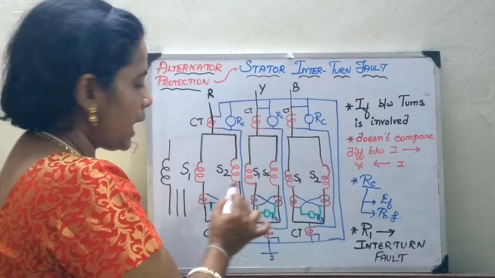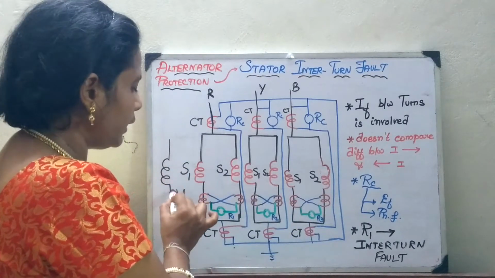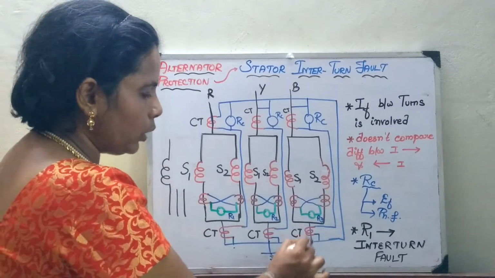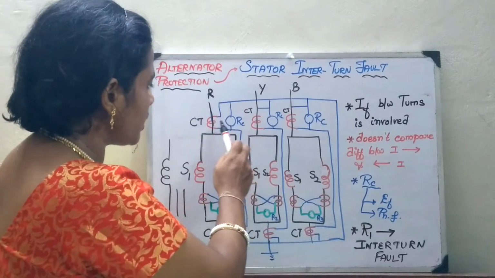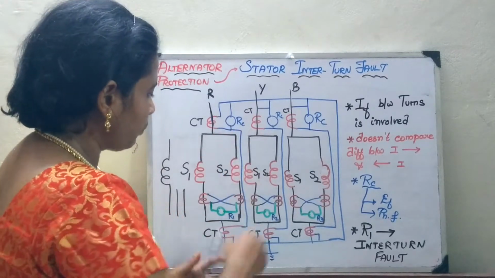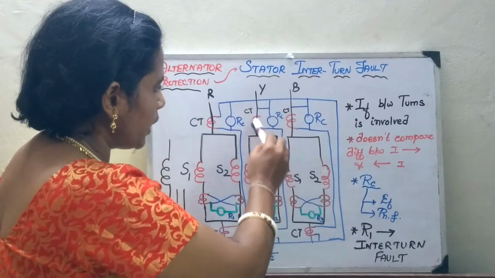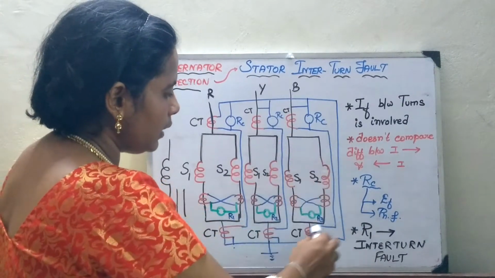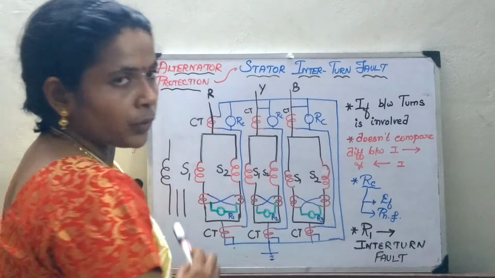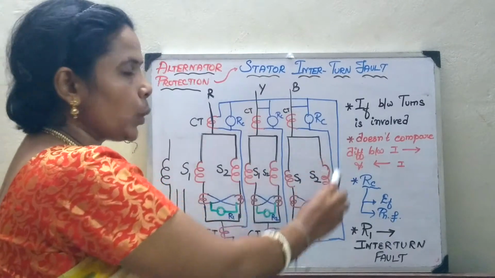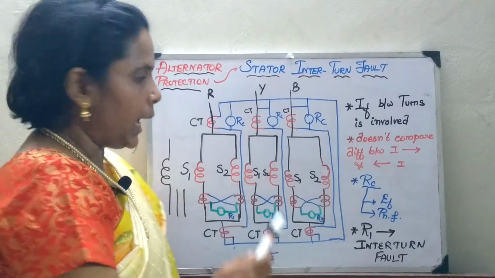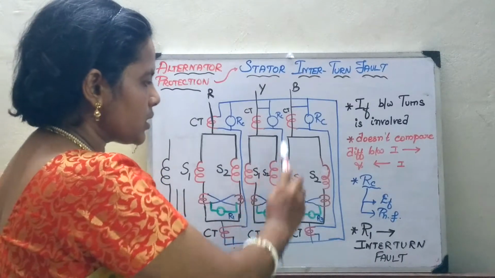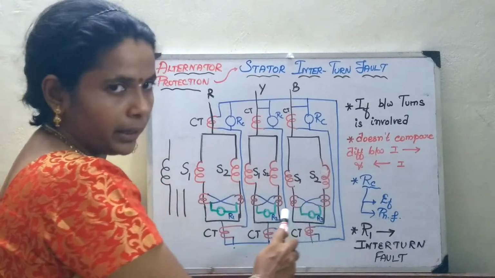Otherwise you will just have a single alternator winding, and at the outlet you will have the CTs connected. You can see the CTs are connected to each pair. So the outer path is going to provide the same differential protection. I am just going to have the three stator alternator windings.